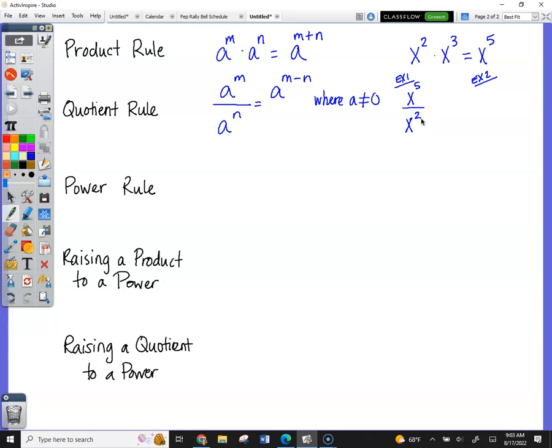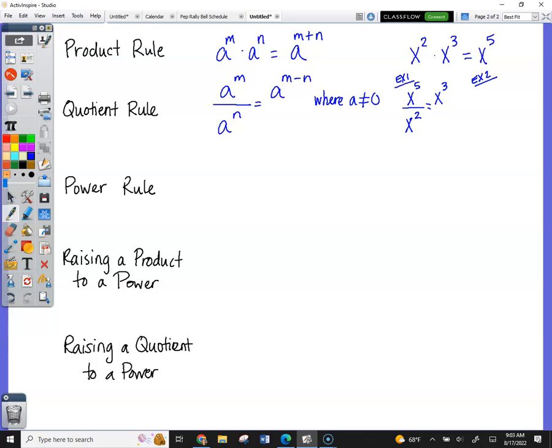Okay, so if I have x to the 5th over x squared, the bases match, so I could write it as one singular base to a power, and I'm just going to subtract the exponents. So 5 minus 2 is 3, and then my fraction's gone.